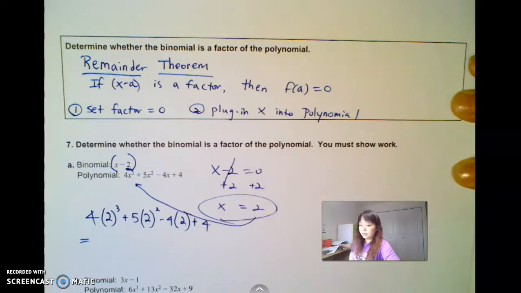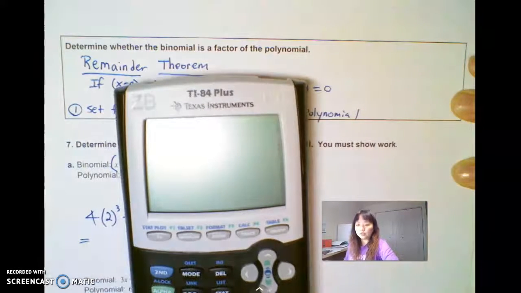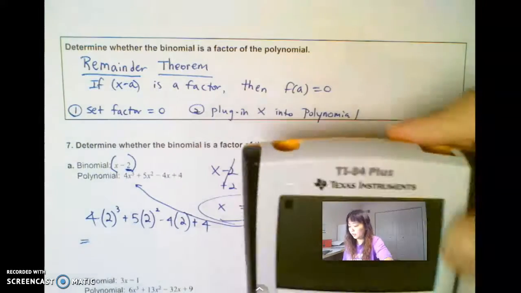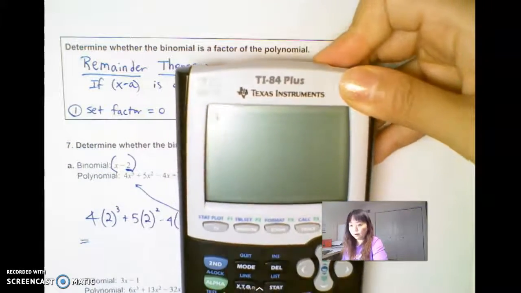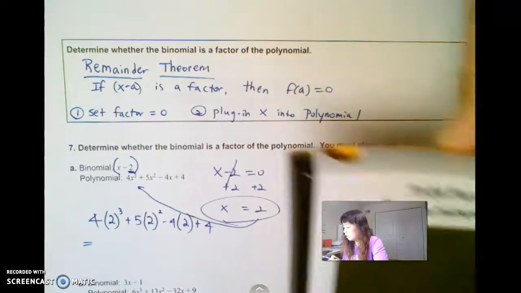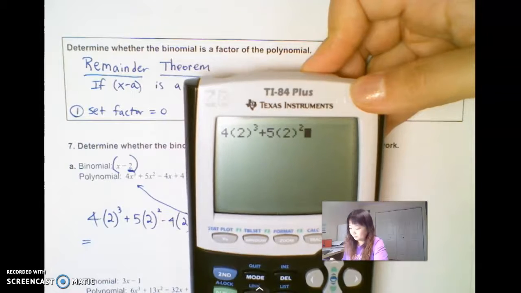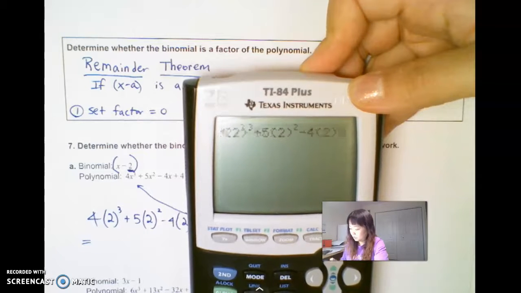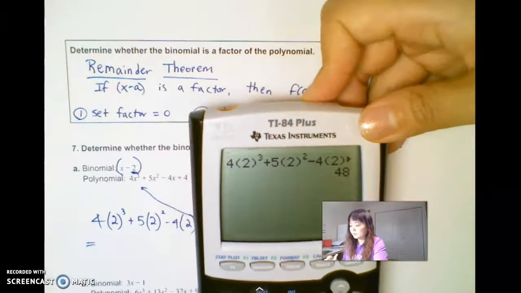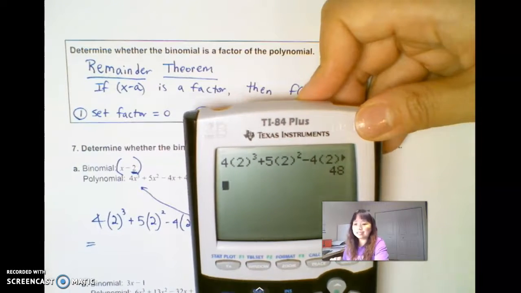Let's see, oh, there's a glare. We have 4 times 2 cubed plus 5 times 2 squared minus 4 times 2 plus 4. Press enter. Uh-oh. If you get something that is not 0, that means it's not a factor.